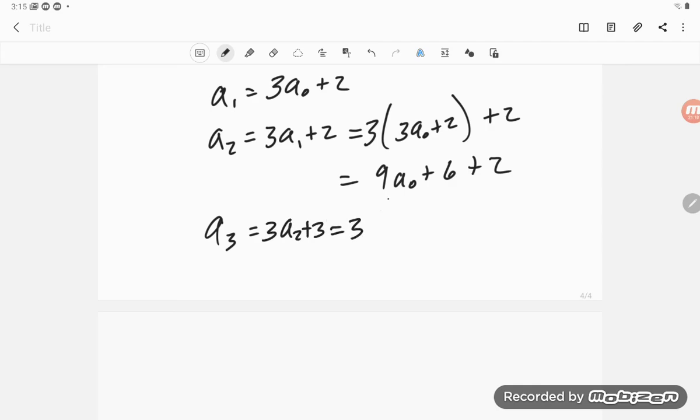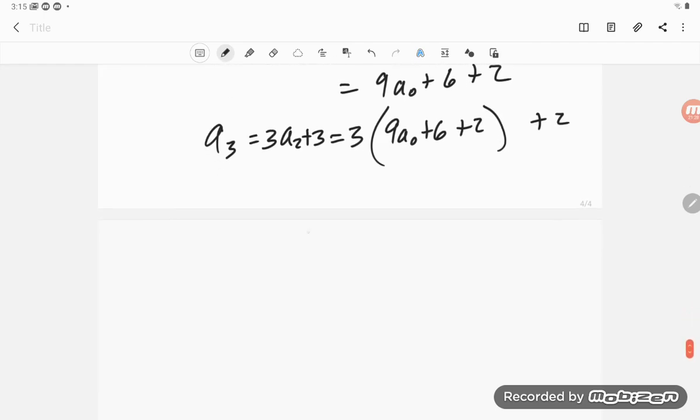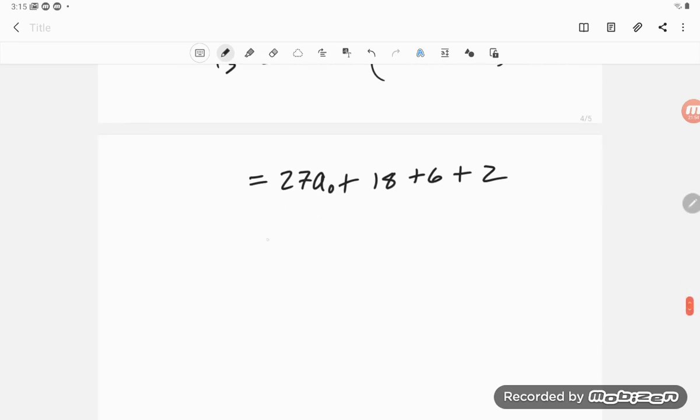Well, but that's 3 times, and a2 is 9a0 plus 6 plus 2, and then plus 2. And so this is equal to 3 times 9 is 27 a0, plus 3 times 6, well, that's 18, plus 3 times 2 is 6, plus 2.